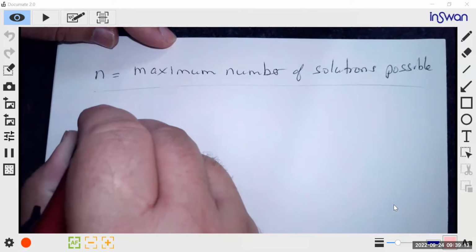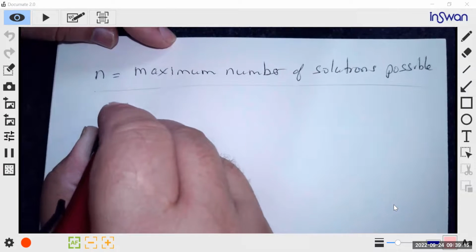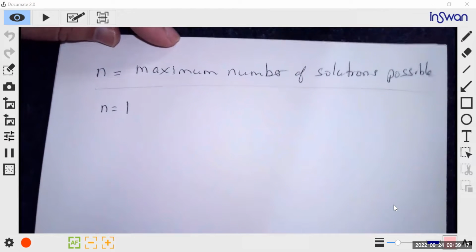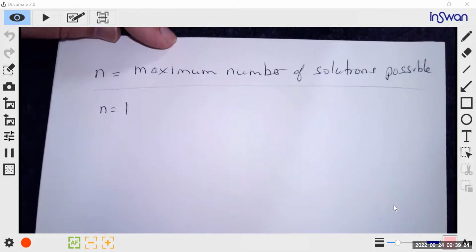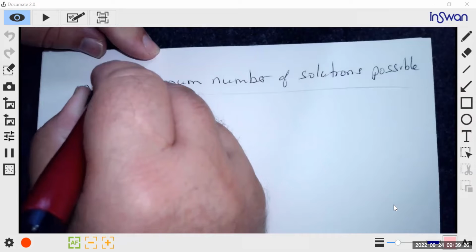So let's look at the basic one. When n equals 1, what kind of equation is that? Remember, this is your degree.